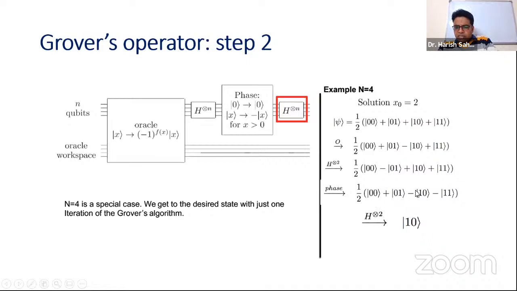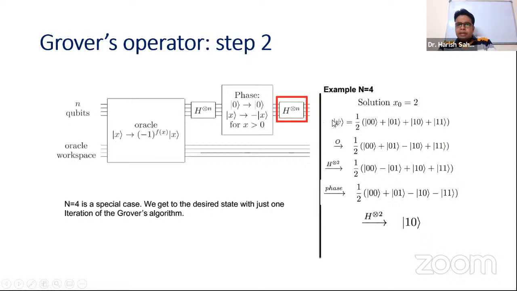Due to this interference between states, the desired state's amplitude is increased and the others are reduced, in such a way that after one iteration only, this state has amplitude one and the others vanish. So if we measure after this, we will get 1, 0 only with 100% probability.